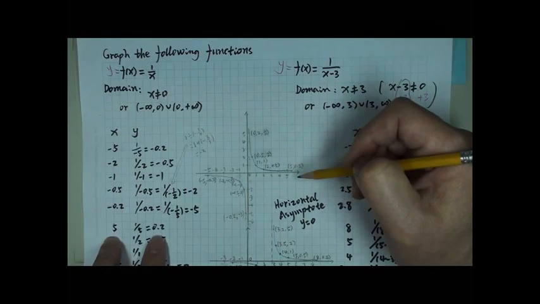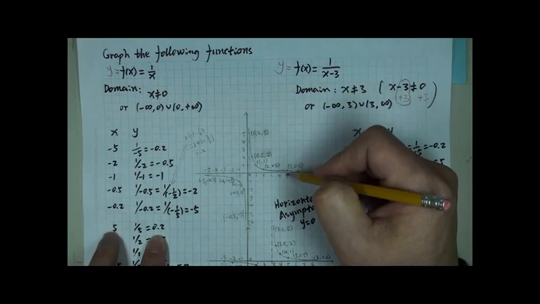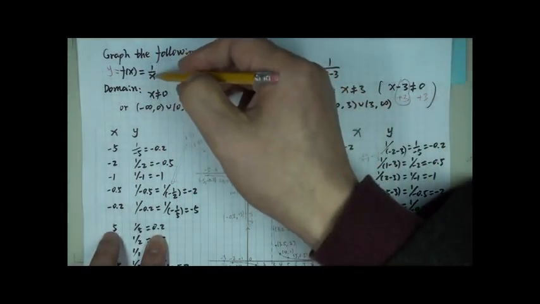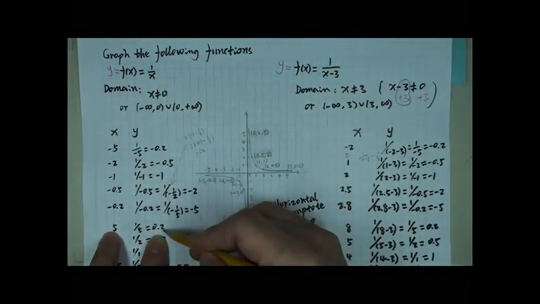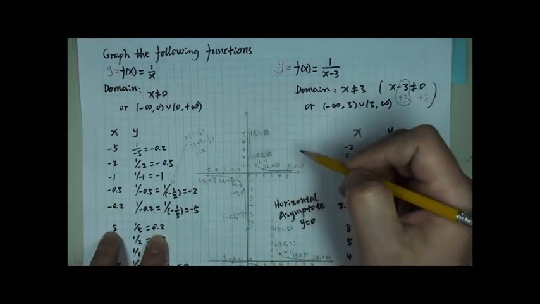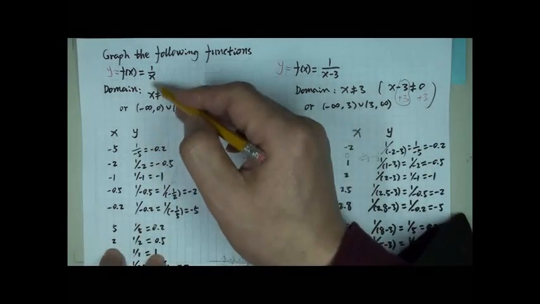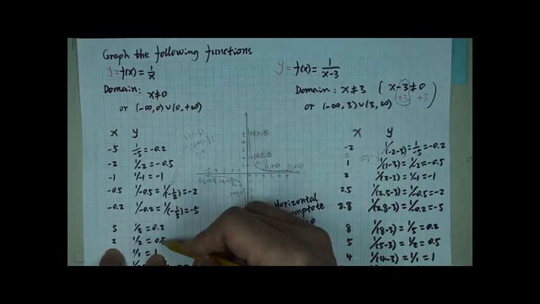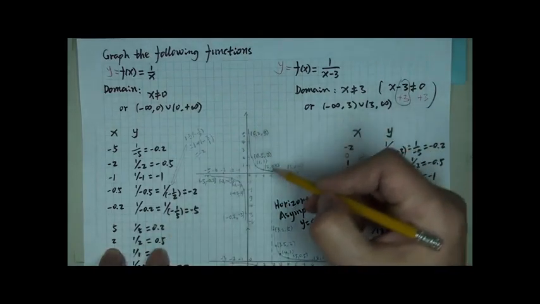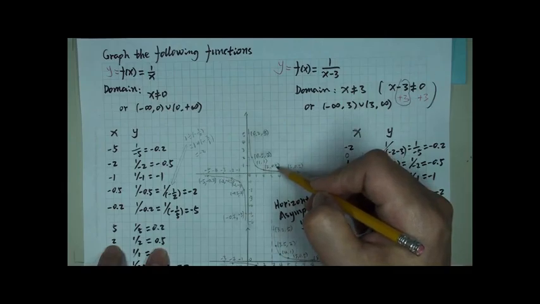Now, similarly, you do it for 5. You plug in 5: 1/5 is 0.2, so the point with x equals 5 and y equals 0.2 is right here. You do it for 2. You plug in 2 here: 1/2 is 0.5. So when x is 2, y is 0.5.